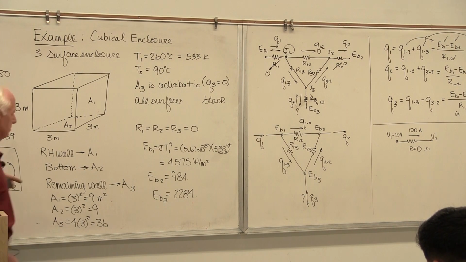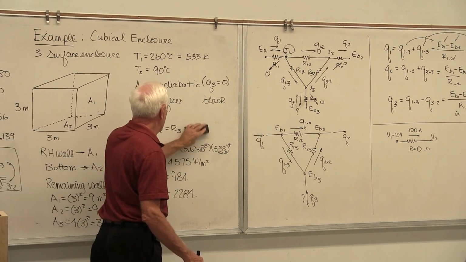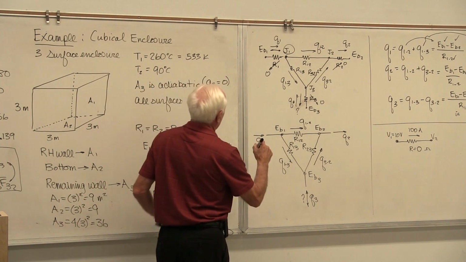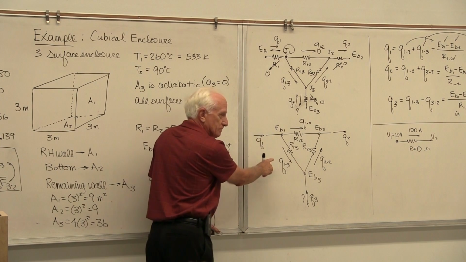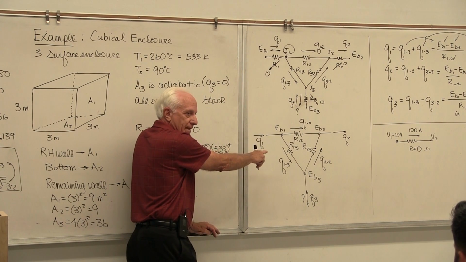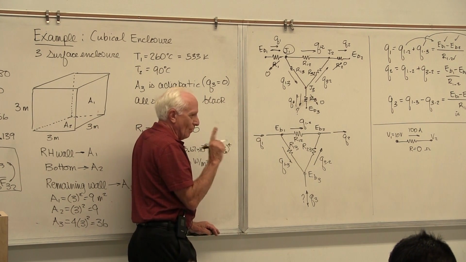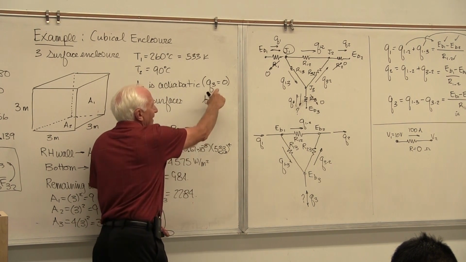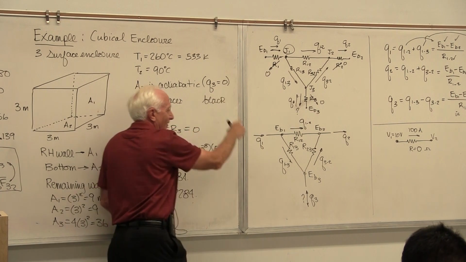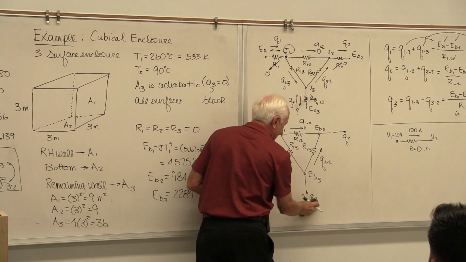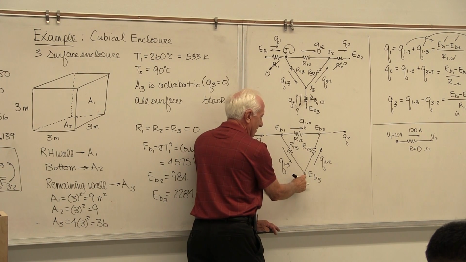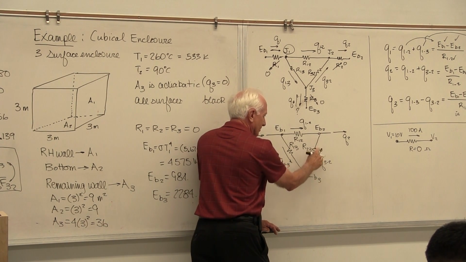No. Are these guys all 0 now? Yeah, they're all black. Okay, 0. Okay, here's my picture now. There's my picture. Same picture, you see, same picture, except for one very important thing. He's 0. No heat flows that way. So guess what happens? When Q13 comes down here, it's equal to Q32.